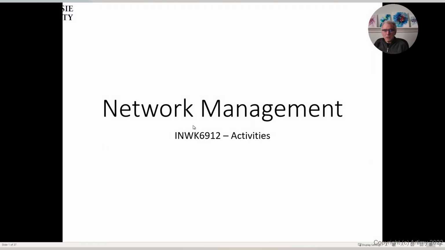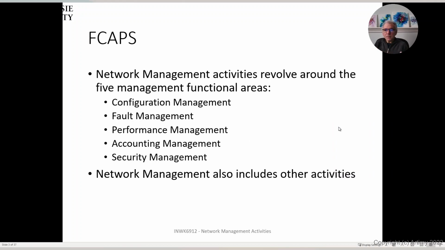So the idea behind this chapter is that we discussed network models in the previous lectures. And if you go to the network models, you'll see that we talked about 5 functional areas: configuration management, fault management, performance, accounting, and security management, right?